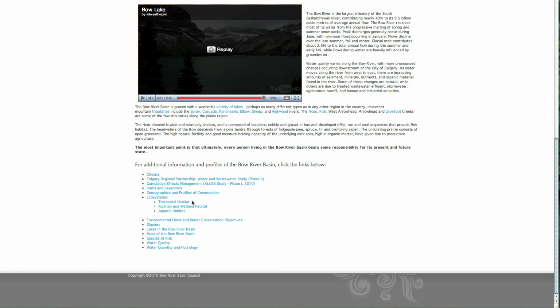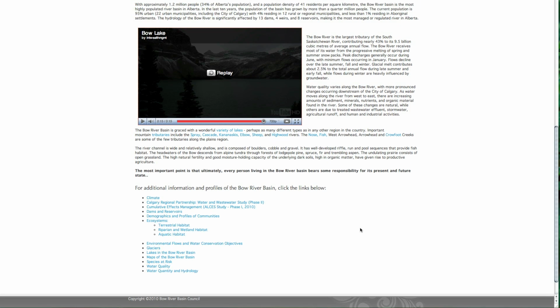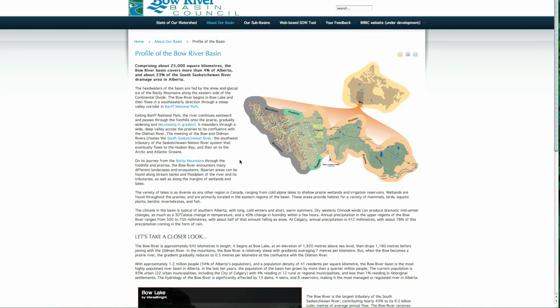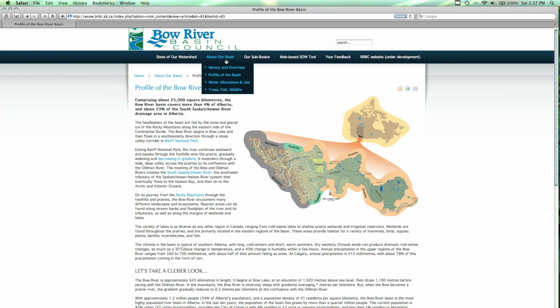Here there's information on the terrestrial, riparian, and wetland and aquatic habitat in the basin. You'll be able to learn more about environmental and water conservation objectives, as well as glaciers, lakes, maps, species at risk, water quality, and water quantity in the basin. This is an excellent section to learn more about the Bow River Basin.